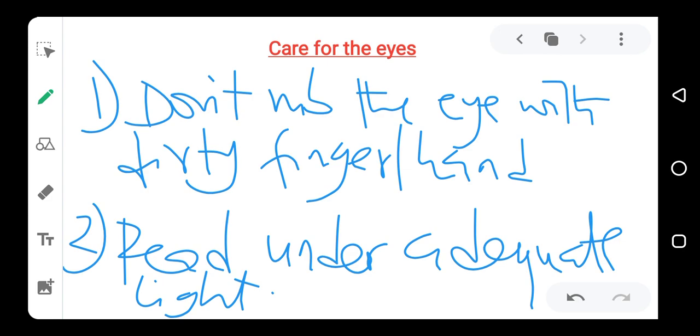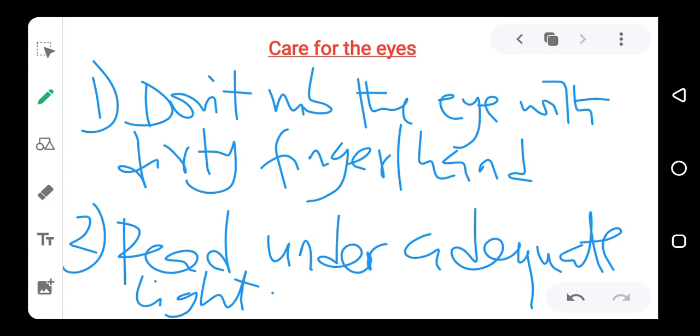If the amount of light where you are reading is not sufficient, it can cause problem to your eye trying to adjust to be able to read. So anytime you want to read, you make sure that there is sufficient light in the place you are reading.